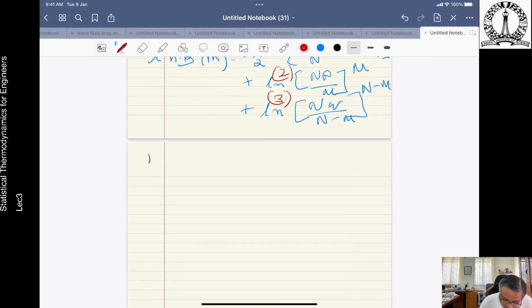Now let us define y is equal to m minus m bar, which is basically m minus np.